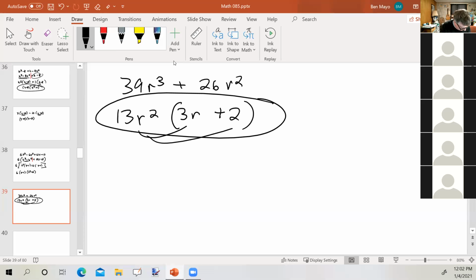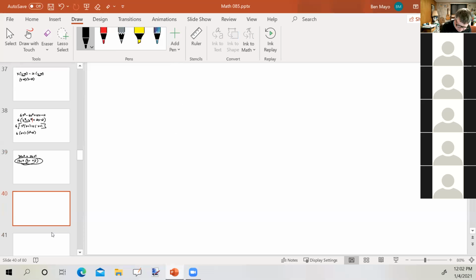Let's see here. If I'm ever going too fast and I go past a problem and you're not finished writing it down, let me know and I can go back to it. 24cm minus 12cn plus 16c.